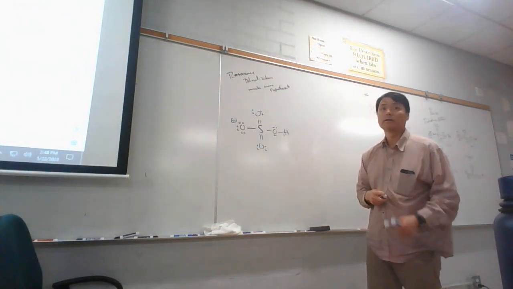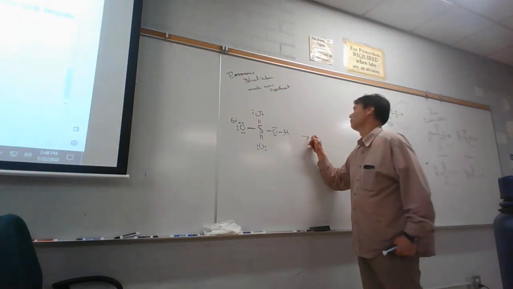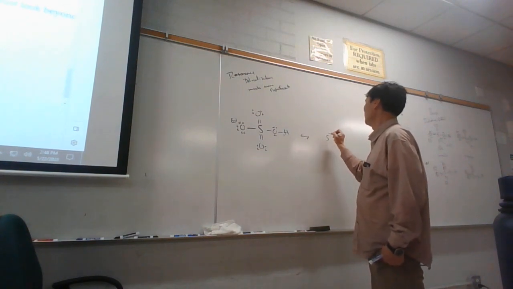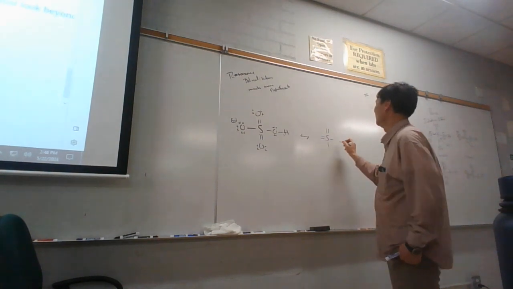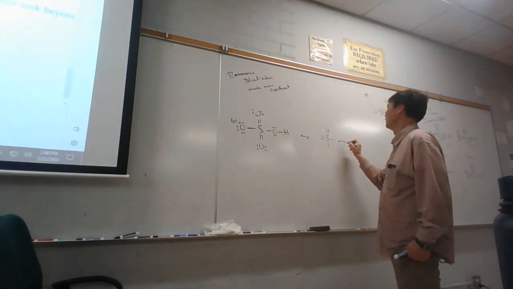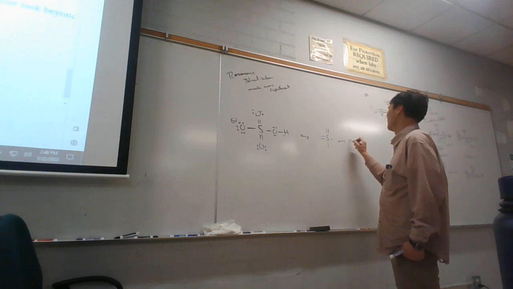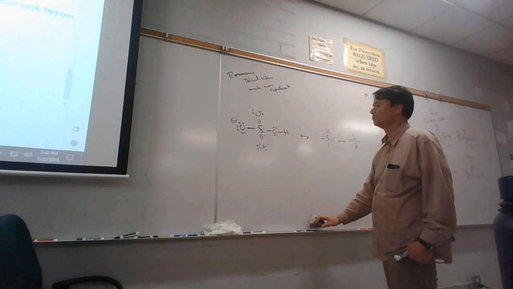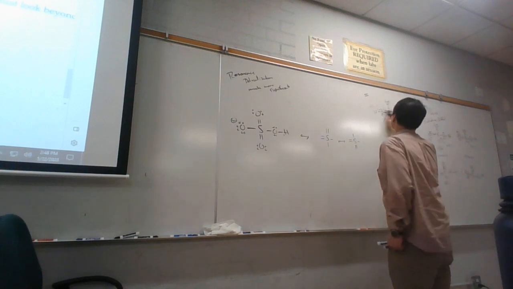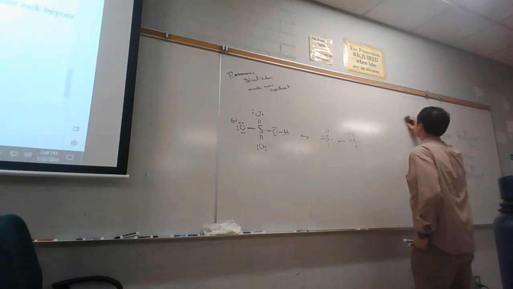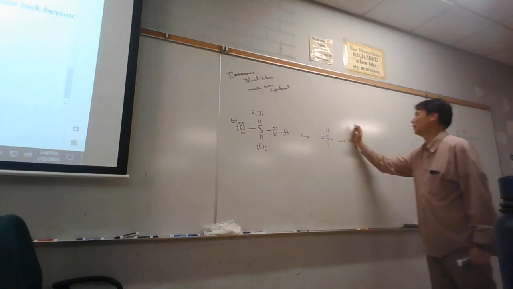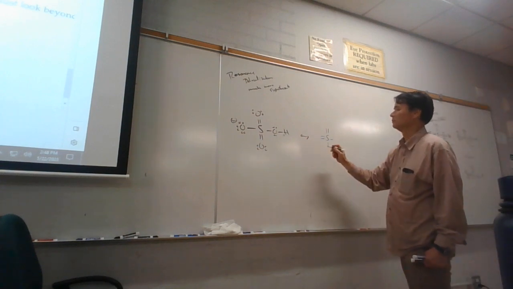How many? 3. The 3 would be double bond up and left, and the final one would be double bond left and down. I better draw those, I guess.